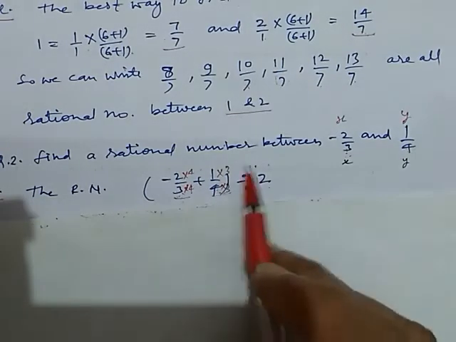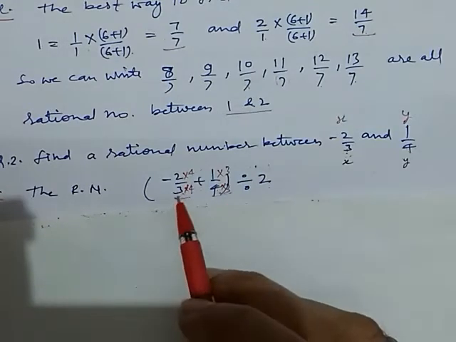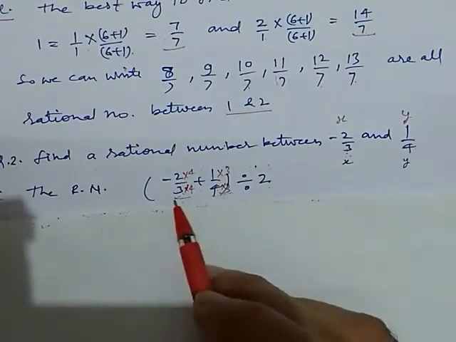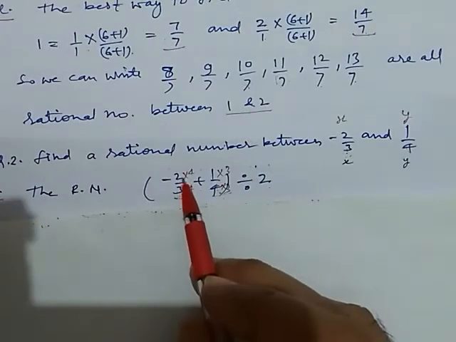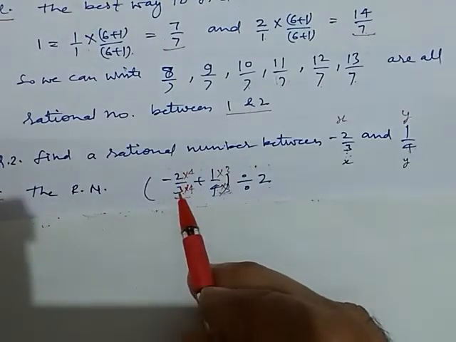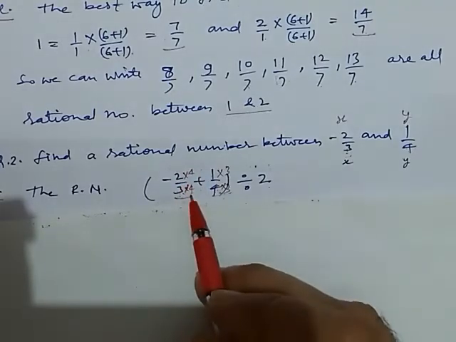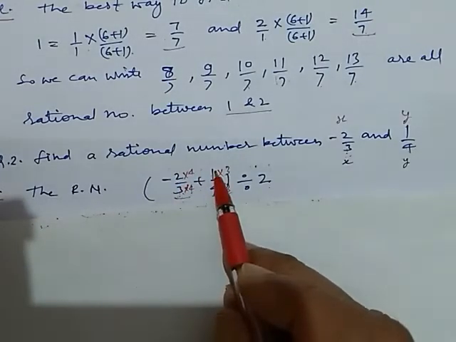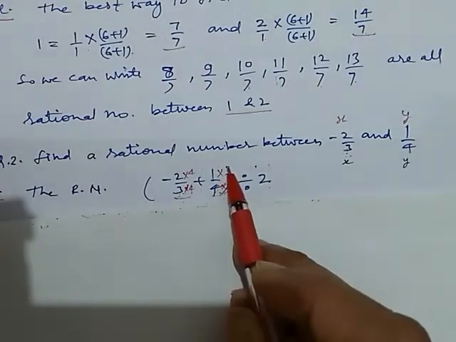Now if we take the LCM, we can get the addition of these. If we multiply numerator and denominator of this fraction by 4, it reduces as minus 8 by 12, and 1 by 4 multiplied by 3 reduces as 3 by 12.